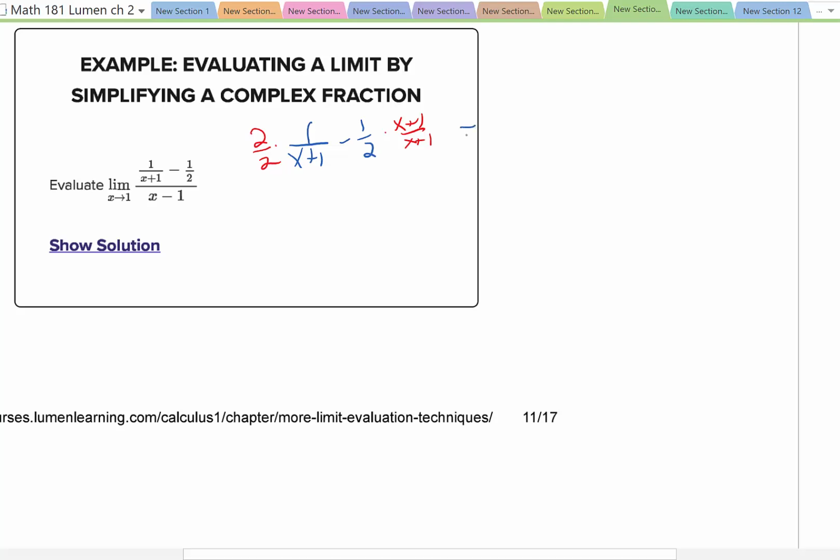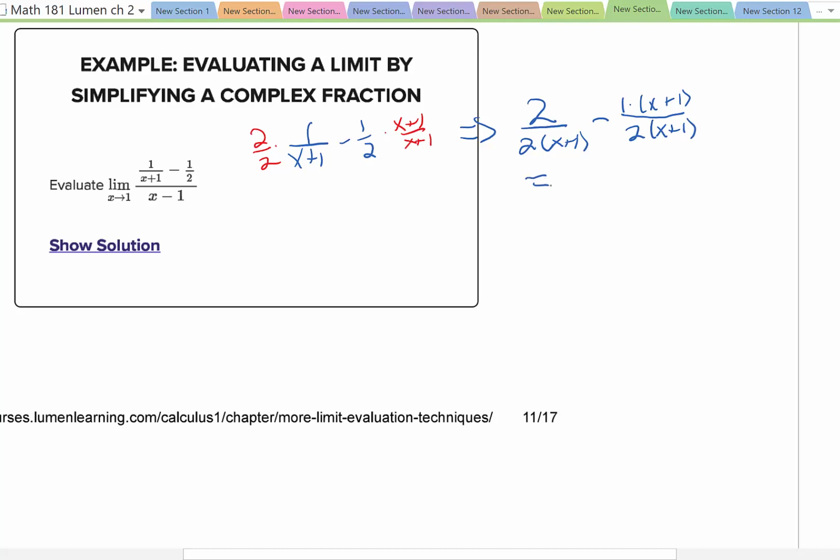So that's going to give us 2 over 2 times the quantity x plus 1. Then I have minus 1 times x plus 1 over 2 times the quantity x plus 1.